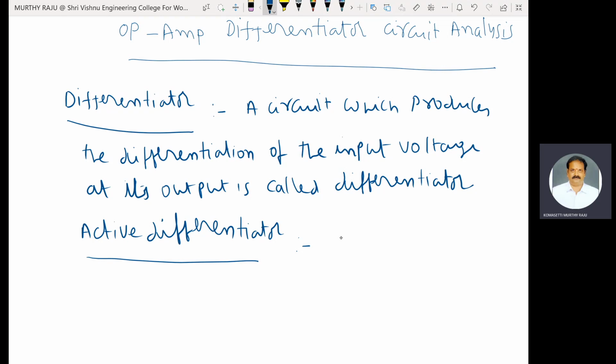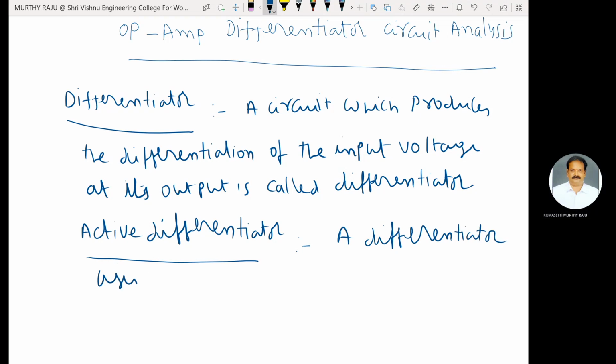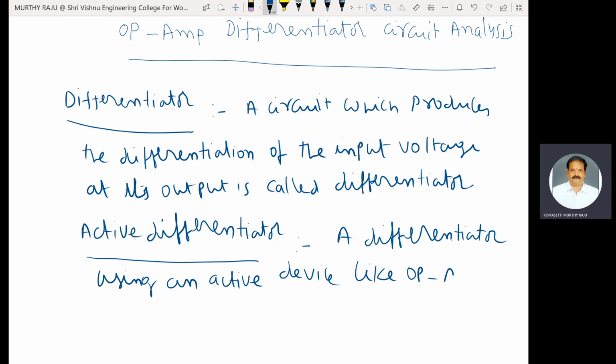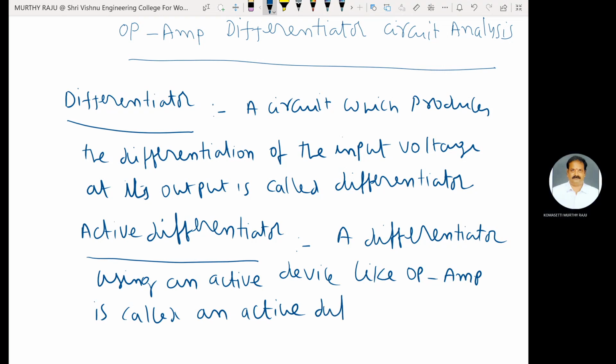A differentiator using an active device like Opamp is called an active differentiator.